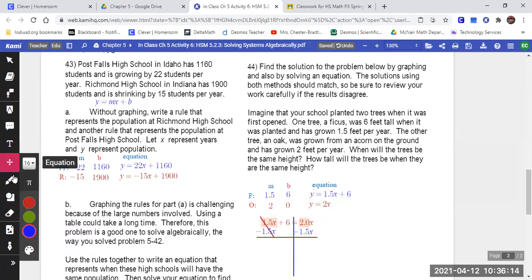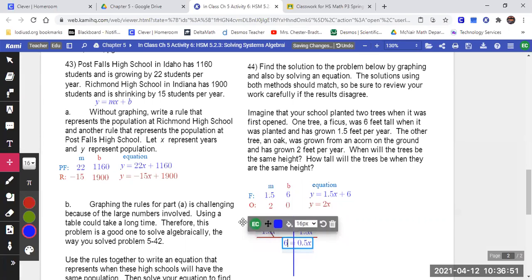All right. So what's left on the left-hand side? 6. And that 6 has to equal what? If I start at 2 and I subtract 1.5, what's going to be left? 0.5x. Okay.